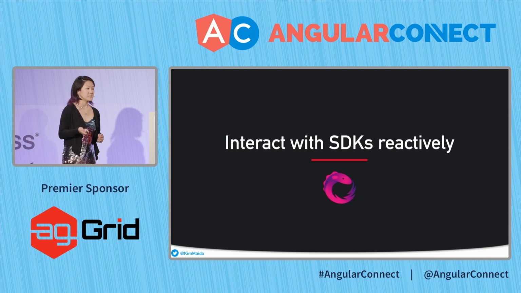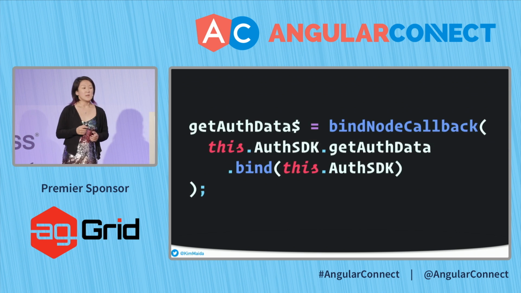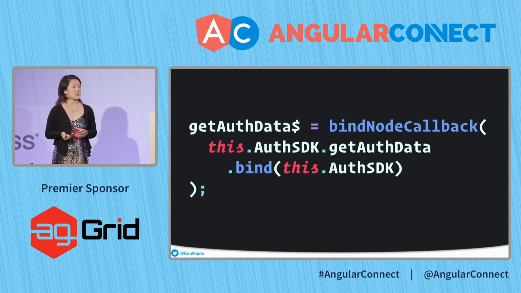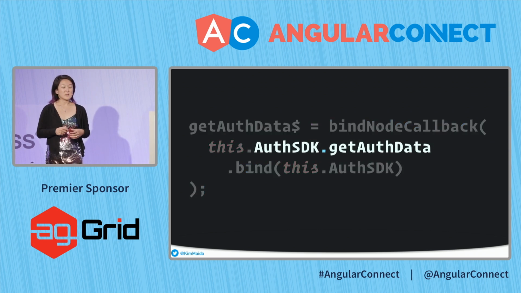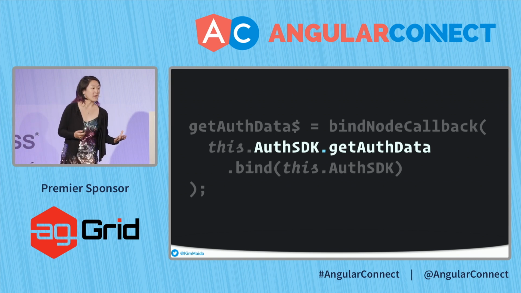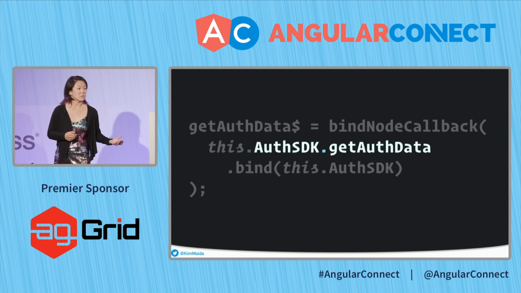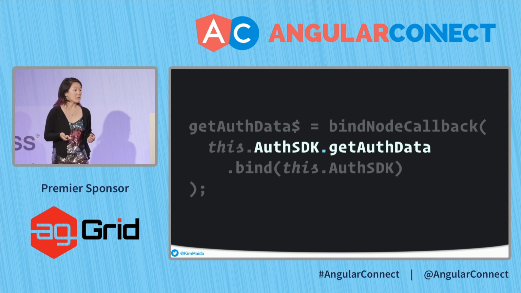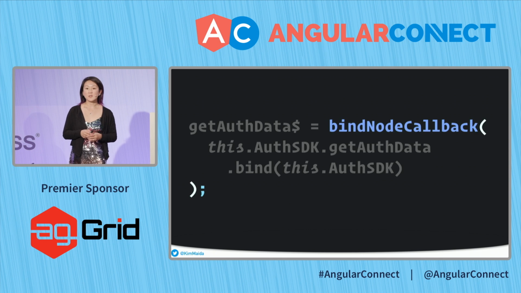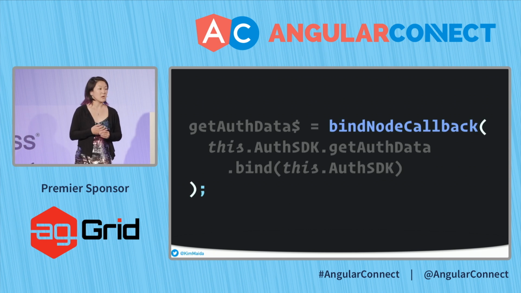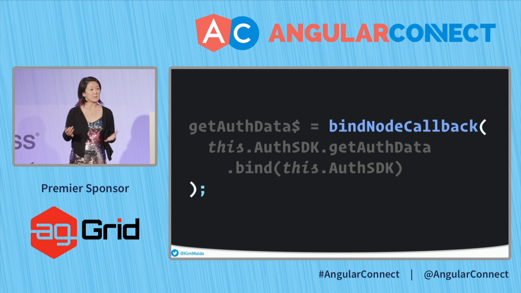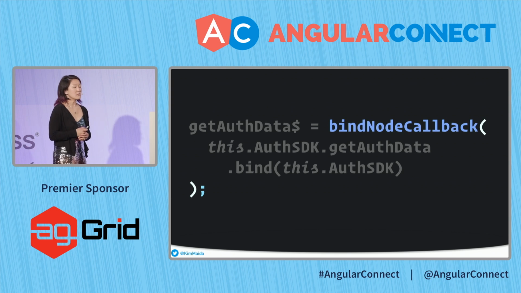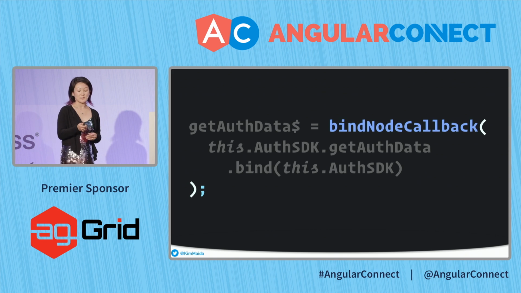For example, maybe we are using an authentication SDK, and that SDK maybe provides a callback that is going to return token data from our authorization server. So what we can do with RxJS is we can use something like bindNodeCallback or bindCallback, depending on the type of SDK that you're using. And this is going to create an observable that emits when that callback completes.